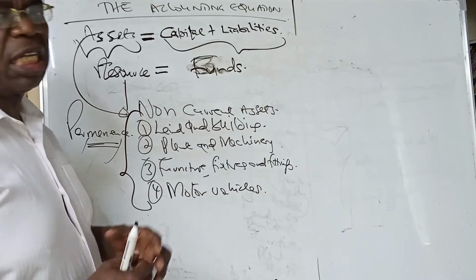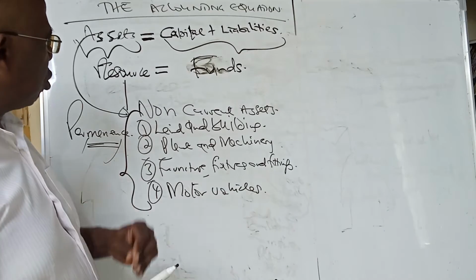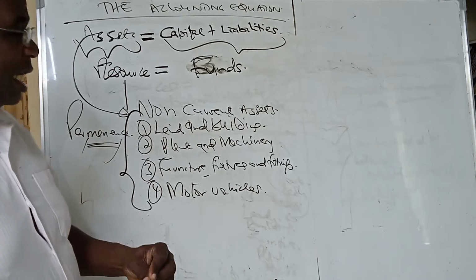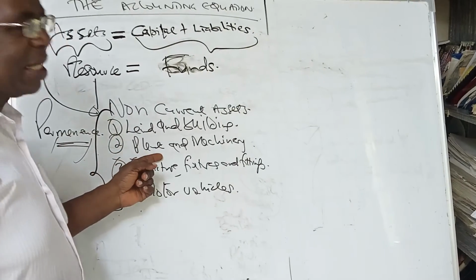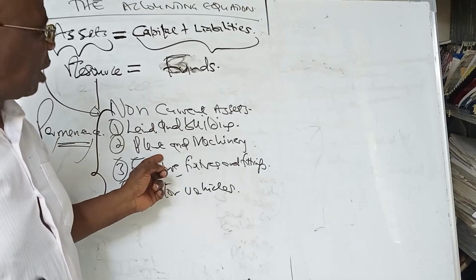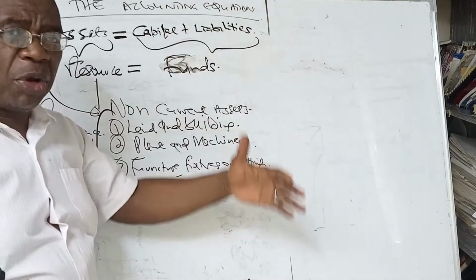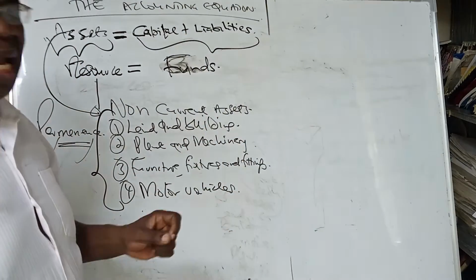Then motor vehicles are usually in the firm for the shortest period of time. By the way, plant is where we do manufacturing, and the machinery does the manufacturing, so we always put them together.